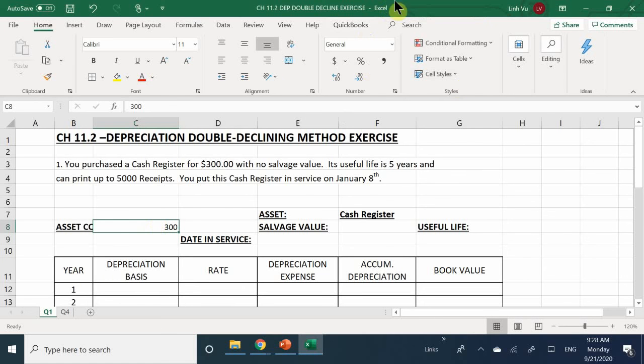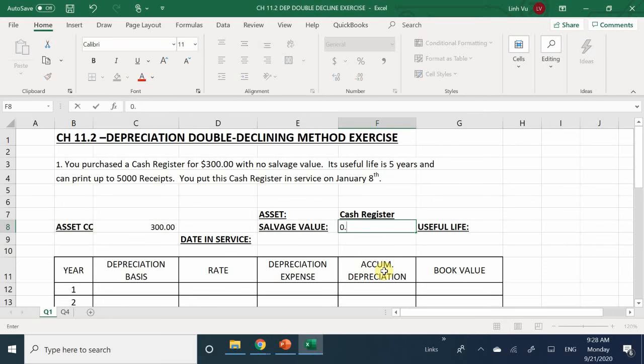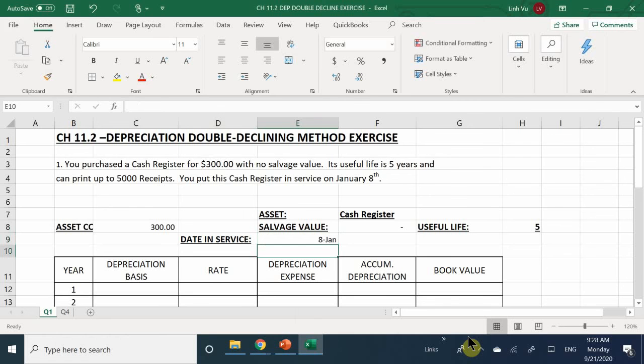What is my salvage value? It's $0 because we claimed zero. What is its useful life? 5 years. And when do we place it into service? January 8th.